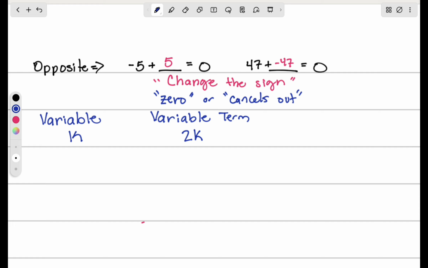So looking at those two things, what is the difference between a variable and a variable term? Oh, I like that. Somebody said the variable is just a letter. But what's a variable term?